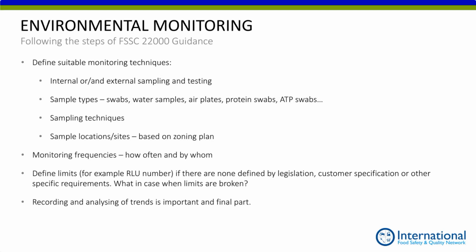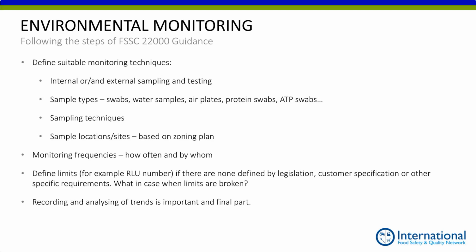So when you develop your environmental monitoring program, it actually needs to come to one point, and these are the corrective actions, meaning what you will do and that you are already prepared to do something if limits are exceeded, whether defined by the legislation or by your specific internal requirements.